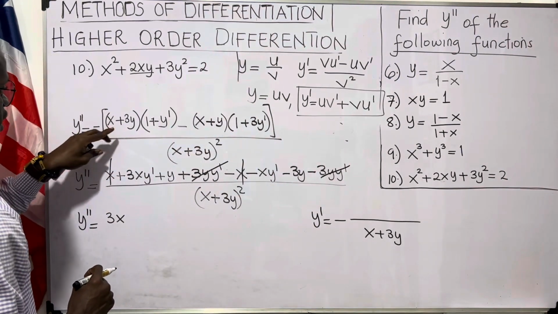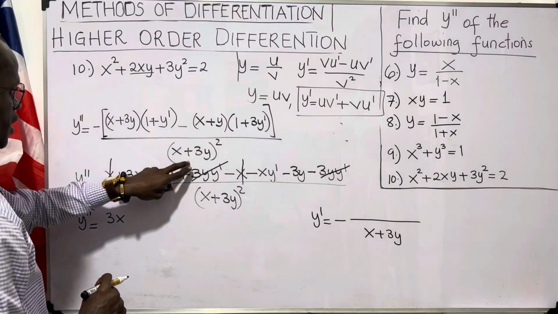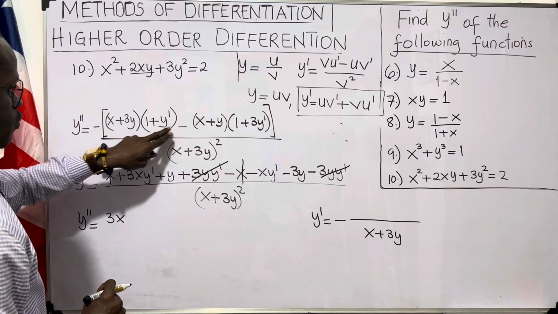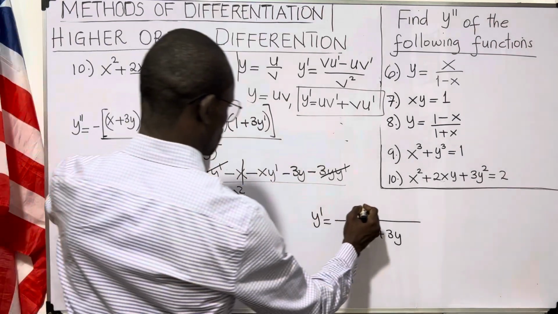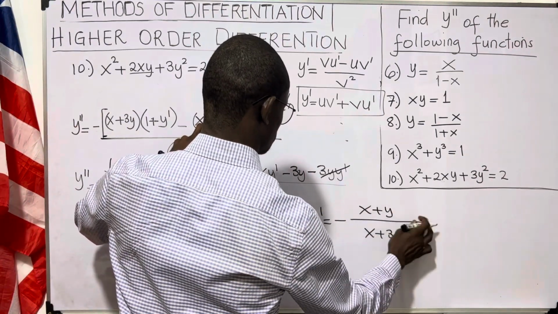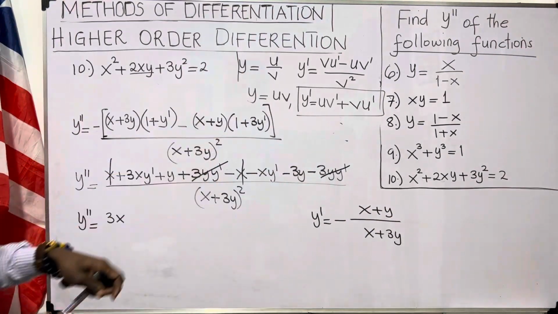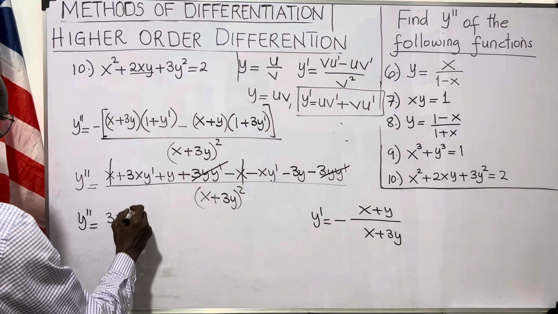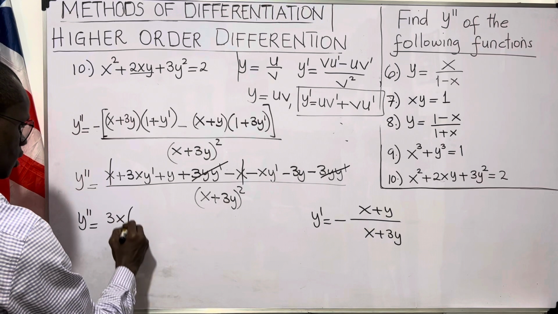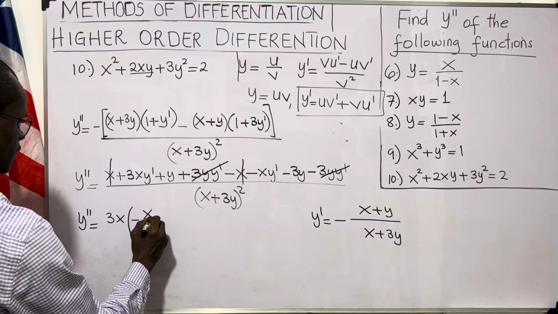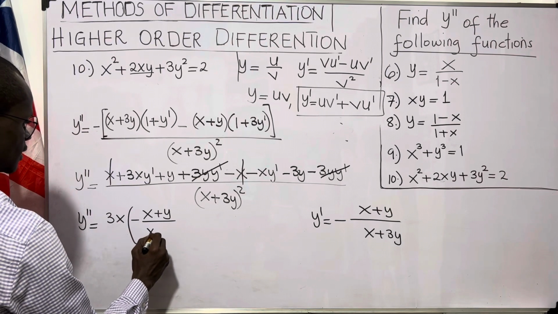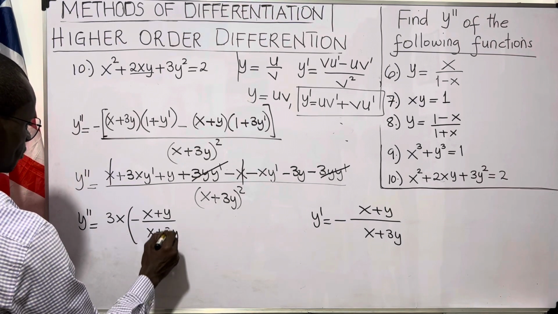Now we held this one first, which is a denominator, and we differentiated this, which is a numerator, x plus y. So that was the first derivative. So we can now replace this y prime with minus x plus y all over x plus 3y.